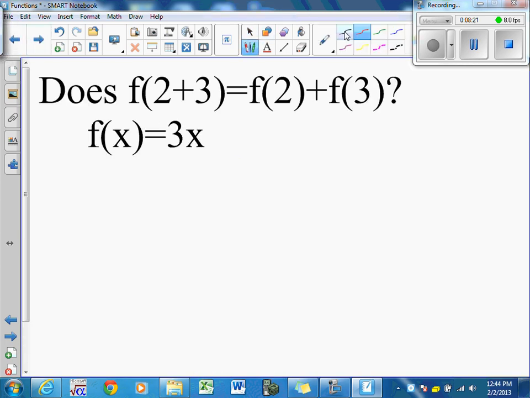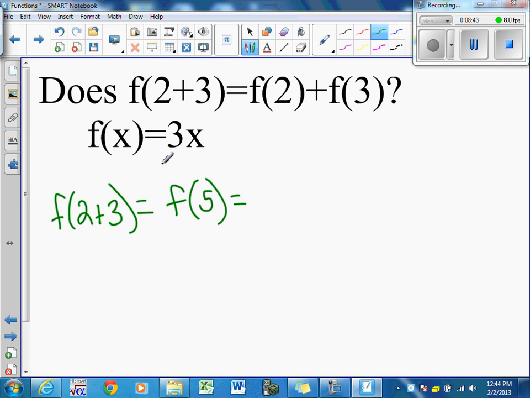So, here's the question. Is f of 2 plus 3 equal to f of 2 plus f of 3? Well, let's figure it out. What is f of 2 plus 3? Well, that would be f of 5. And if my function is 3x, that would be 3 times 5. That's 15.